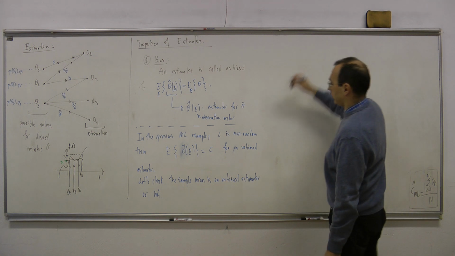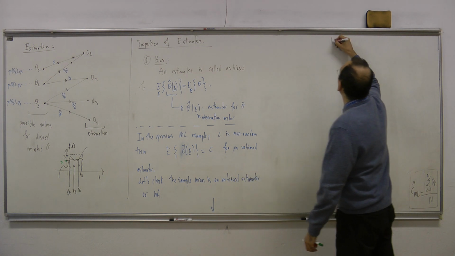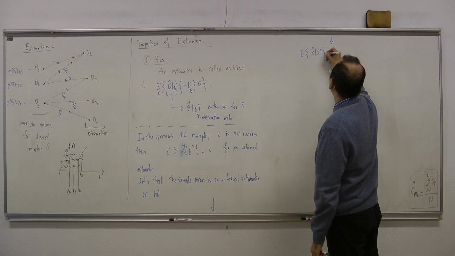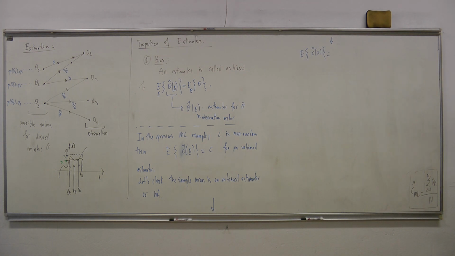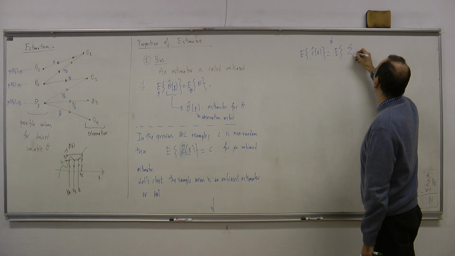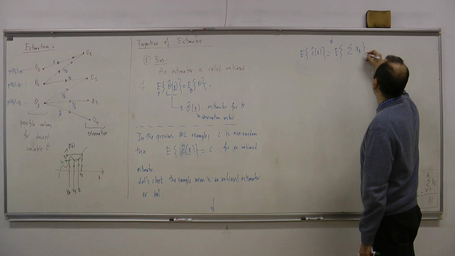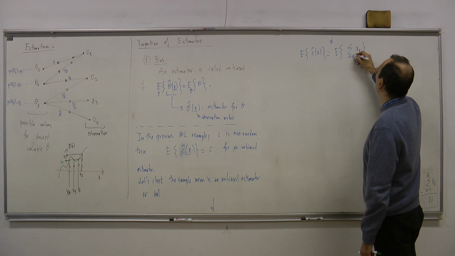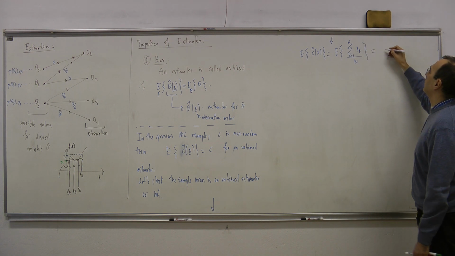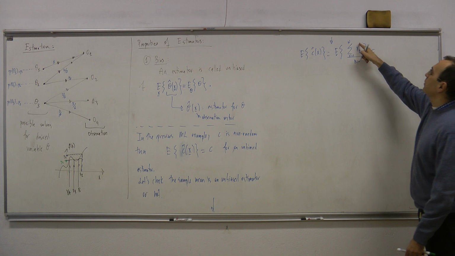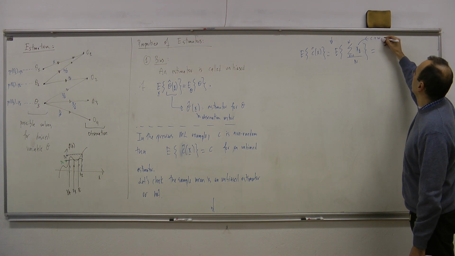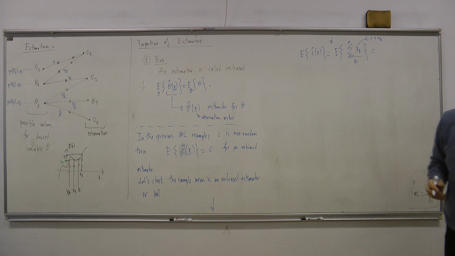Then the expected value of this, my maximum likelihood estimate, is the expected value of the summation of xk divided by n, k from 1 to n. And the expected value of xk, let's remember, xk is C plus noise wk.